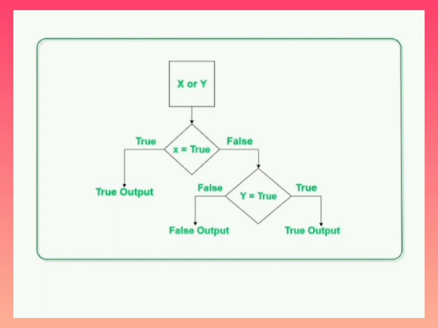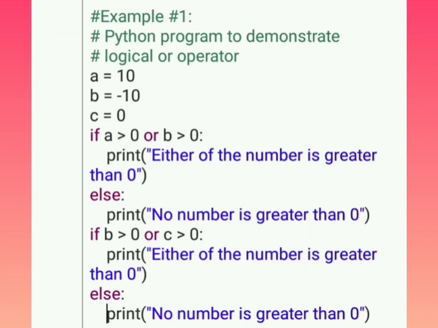If x is false, it goes to the next, y. If y is true, it returns output as true. If y is false, it returns false output.